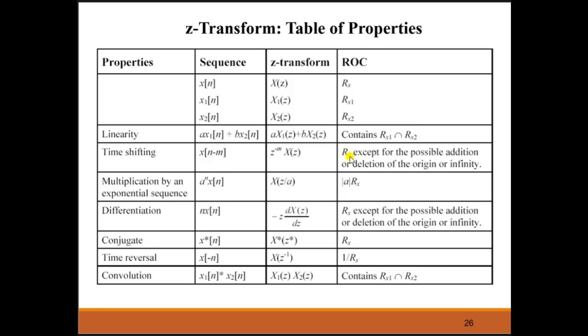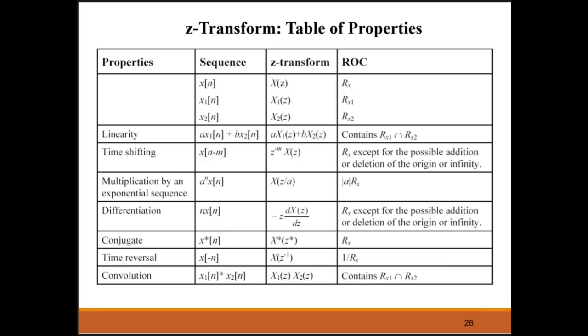Most of the time, the origin is not included in the ROC, or infinity is not included in the ROC. Then a to the power n times x n gives X of z over a, and the ROC is the magnitude of a times Rx. Then you have differentiation, conjugate, time reversal, and convolution.